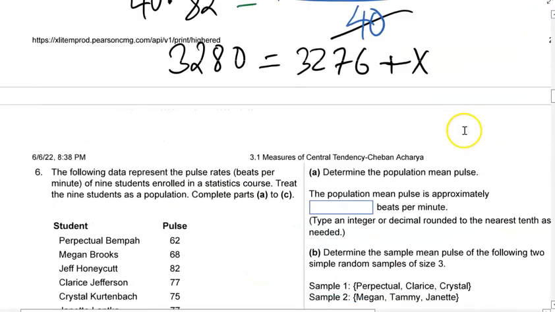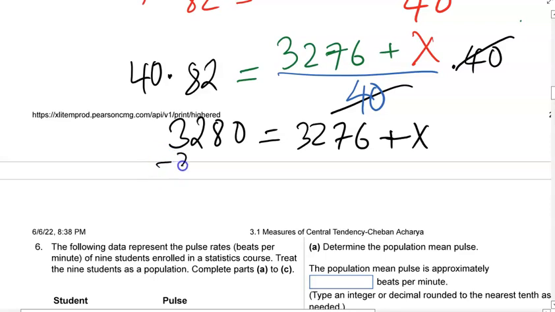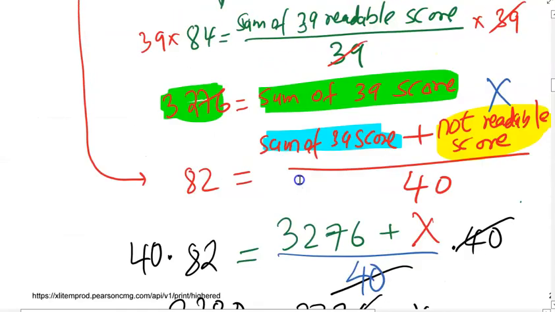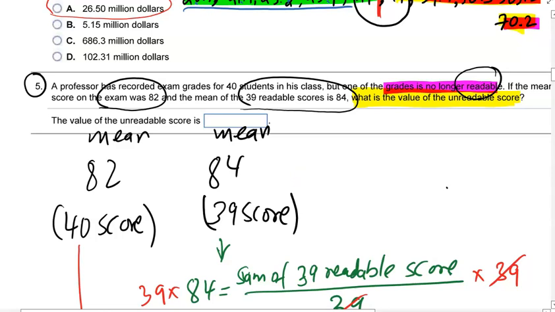How do you find the X? Subtract 3276 from both sides, they cancel. If you subtract 3276 from 3280, you get 4 equals X. Therefore, the not readable score is 4.